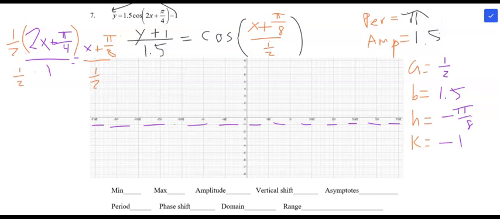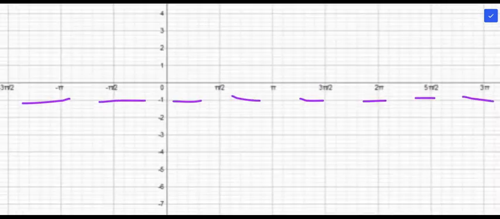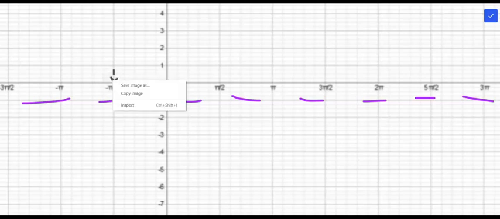Okay. So let's find HK. Okay, so this is going to be tough on this particular graph. I'll show you why here. Maybe I should zoom in. So, negative pi over 2 sits here.